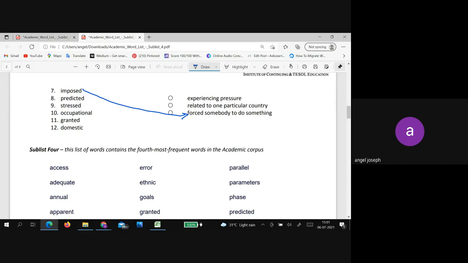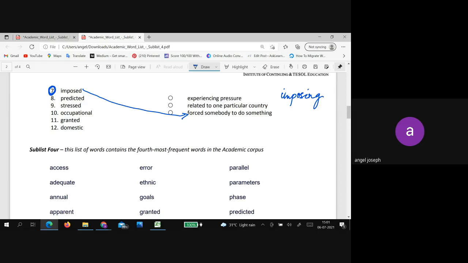I would like you guys to make a note of this word imposed. Include it in today's work. I would like to see a few sentences with this word imposed, imposing, imposes. You can use it in any way. You can use imposing. The government is planning to impose a lockdown. The government has imposed a lockdown.